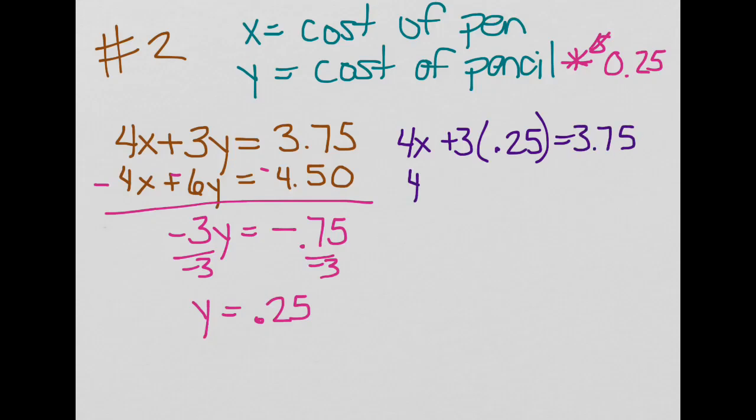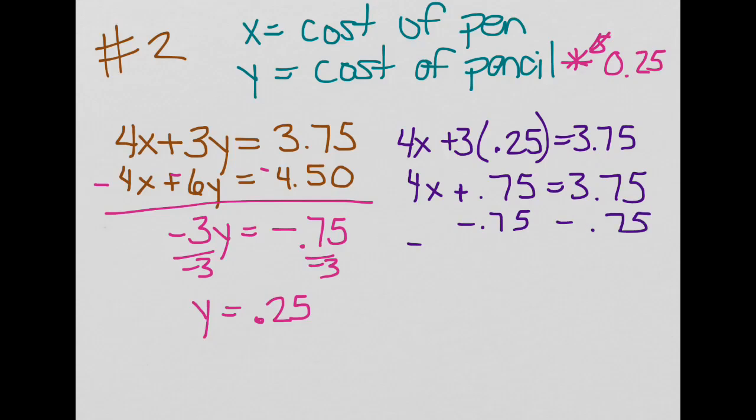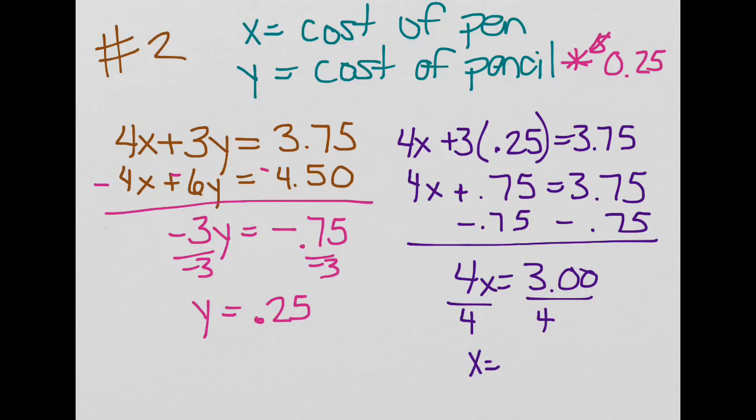Well, 3 times 0.25 equals 0.75. So 4x plus 0.75 equals 3.75. And now when we subtract 0.75 from each side, because we're trying to solve for 4x, we get that 4x equals $3. Dividing both sides by 4 tells me that x equals 75 cents.